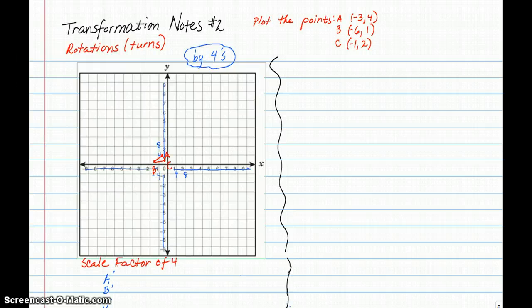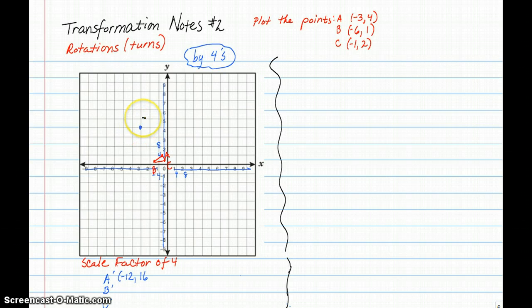Now we're going to be going by 4s on both axes, and so we're going to take everything times 4. So negative 3 times 4 is negative 12. 4 times 4 is 16. So negative 12, 16. It's going to go negative 4, negative 8, negative 12, and then 4, 8, 12, 16.